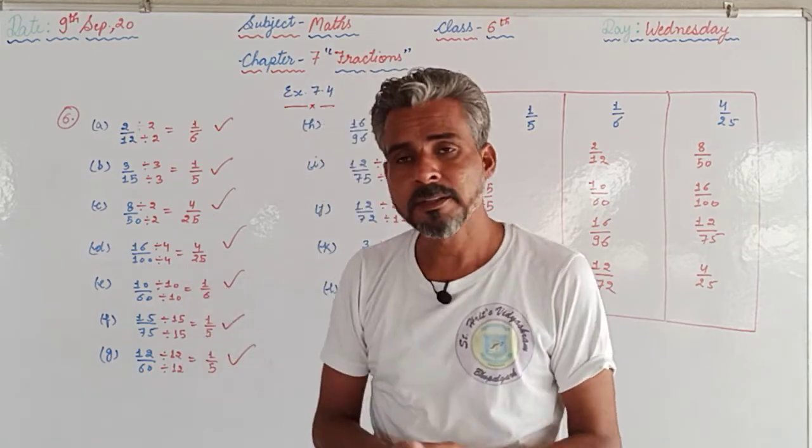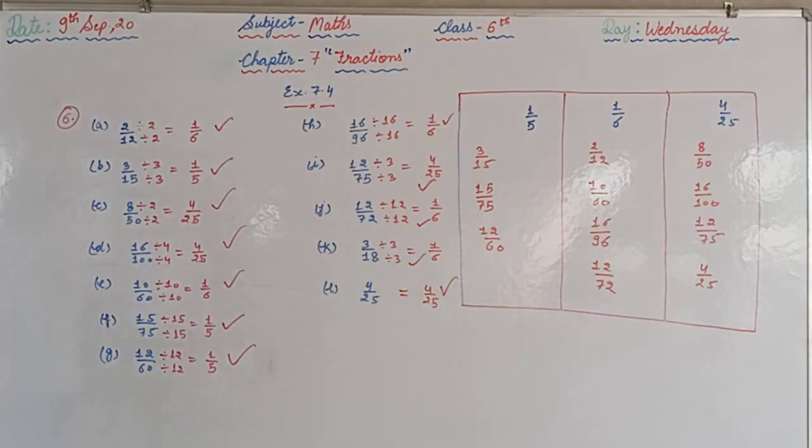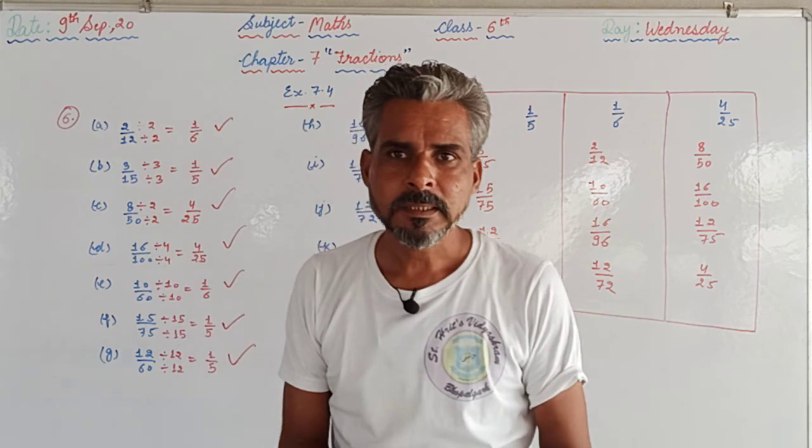So I hope that you have understood, and first of all you are supposed to repeat the questions which we have done today. Afterwards you can try question number 7. Question number 7 is: find answers to the following, write and indicate how you solve them, whether the given fractions are equal or not. Equal means we can check by multiplying diagonally, that is cross multiplication.